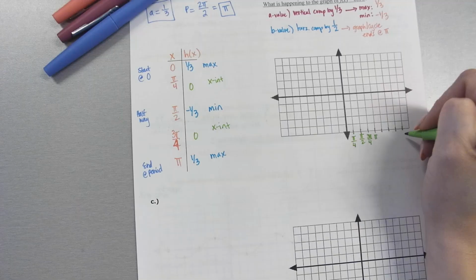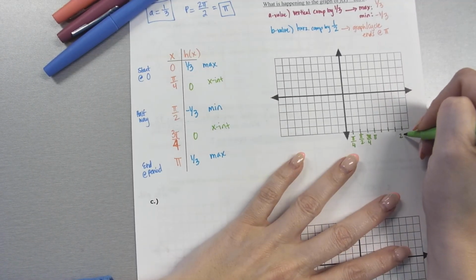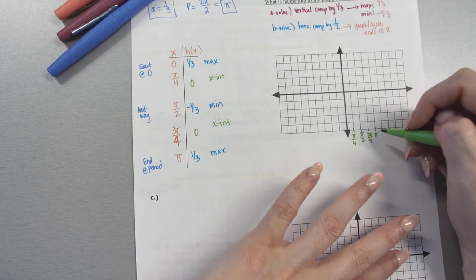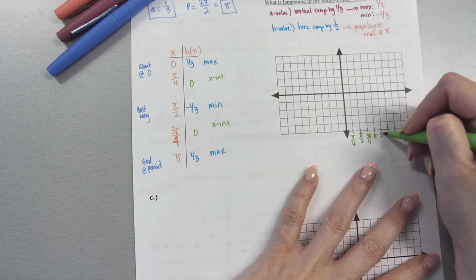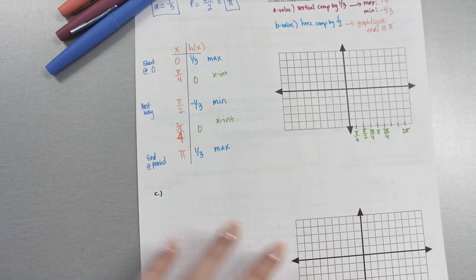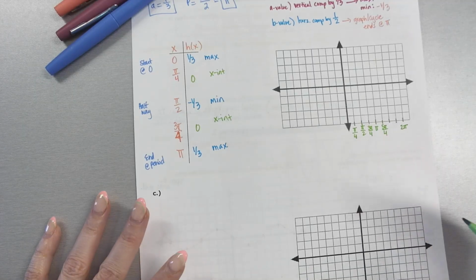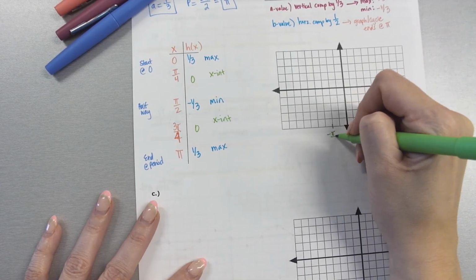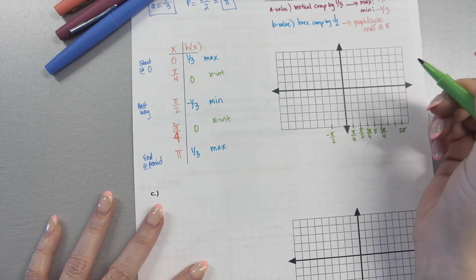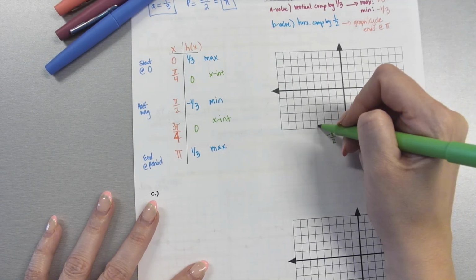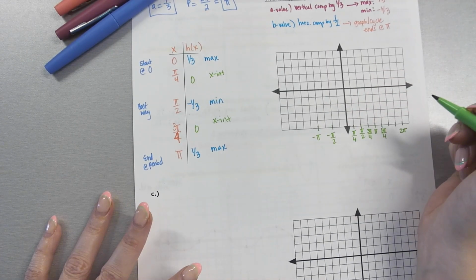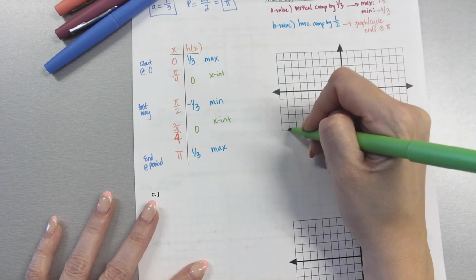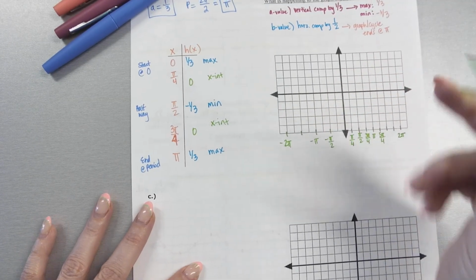What's 8 pi over 4? 2 pi. 8 over 4, right? Okay, and you don't have to label every single one of those. And then on the other side, I generally do every other one because you're just following the pattern. So it would be negative pi over 2, negative pi, 6 pi over 4 is negative 3 pi over 2, negative 2 pi.